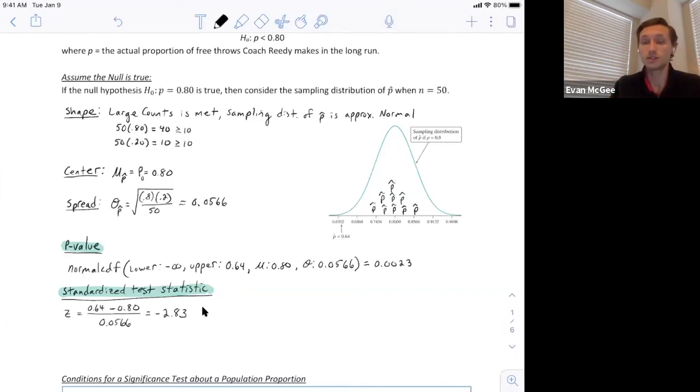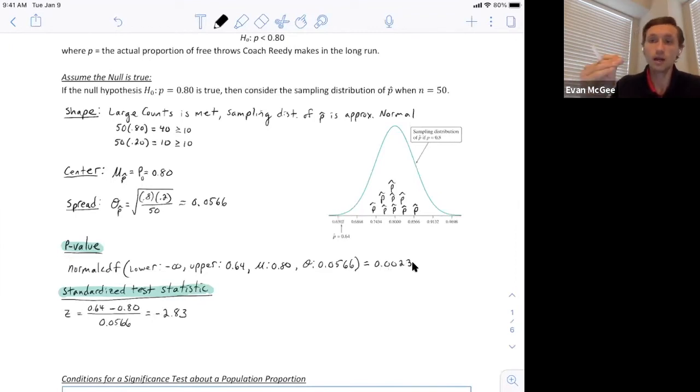So we should know that it's going to be a very rare occurrence to get that z-score because of the 68, 95, 99.7 rule. And so what we do with the test statistic is we use this value to actually calculate the probability, or the p-value, which we know we've already calculated is 0.0023.